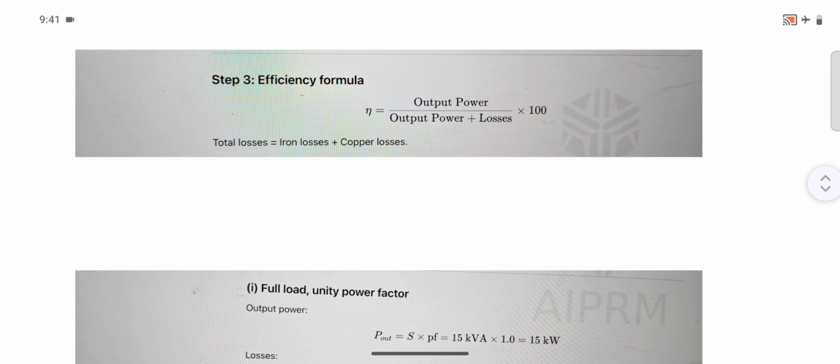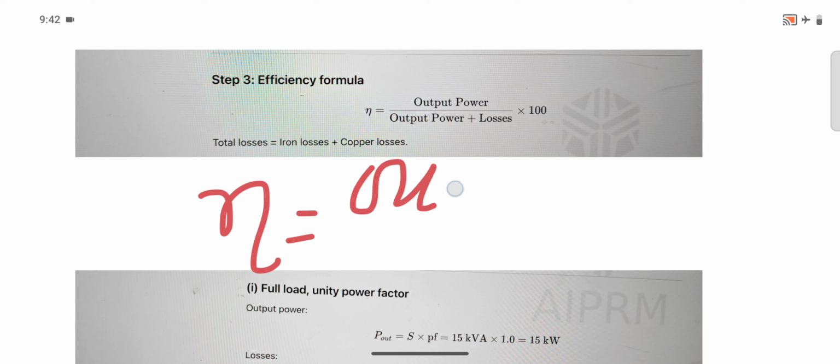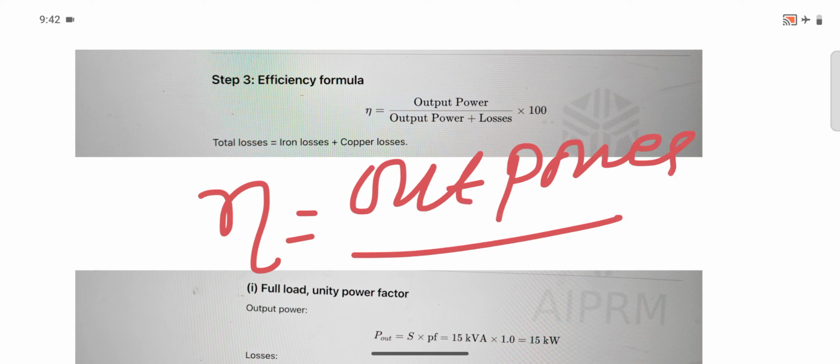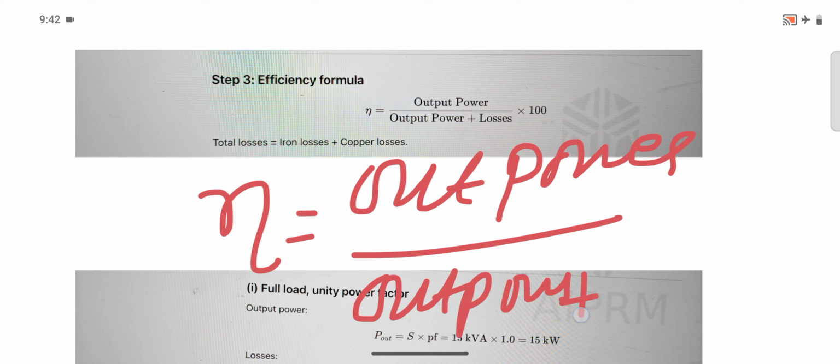Now we have to calculate efficiency. So what is the formula of efficiency? The formula of efficiency is output power divided by output power plus loss, into 100.